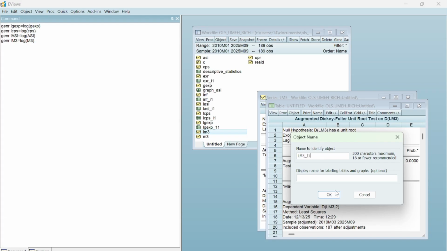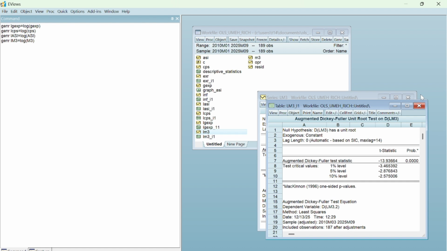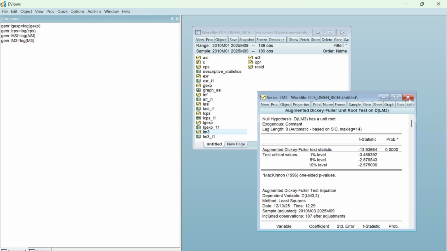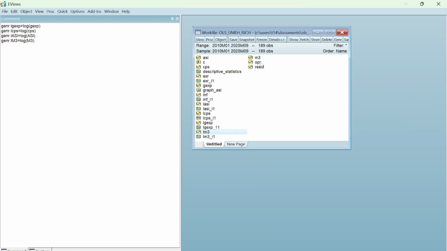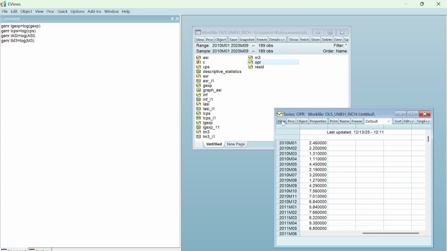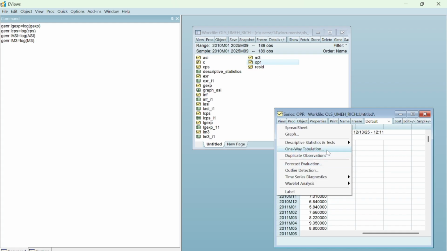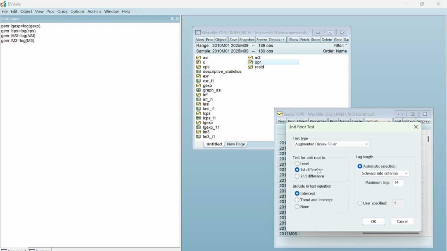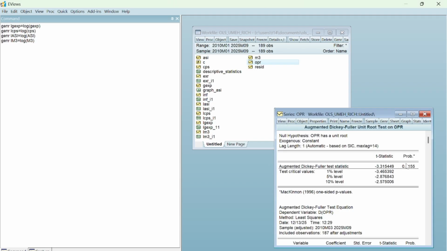You can see I'm doing the same thing for all of them. And the last variable we have here is the open repo rate, which is the OPR. So we do view, unit root test. We check for it at levels. You see it is significant at levels, 0.01.